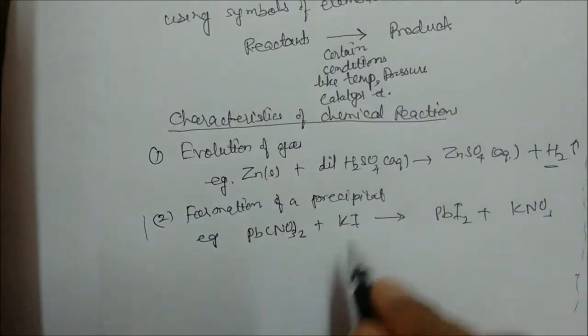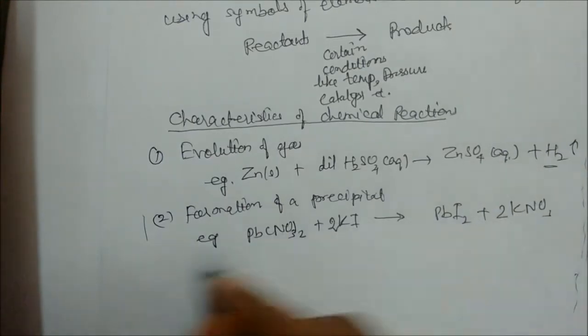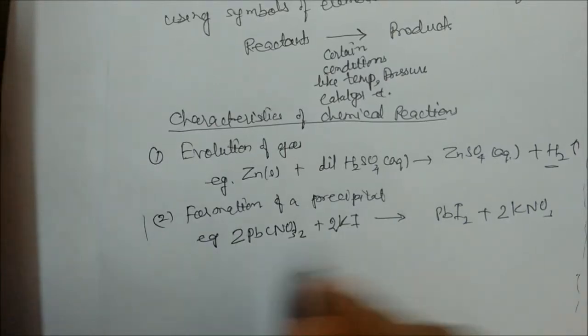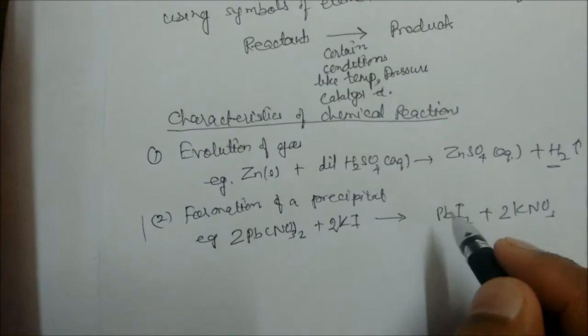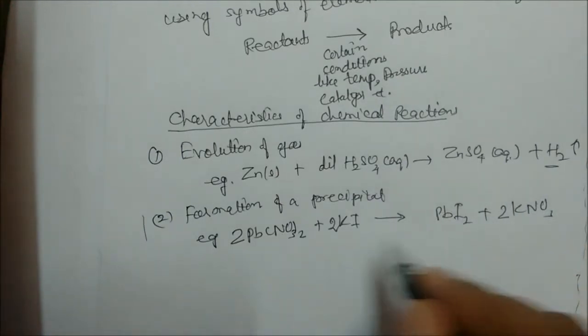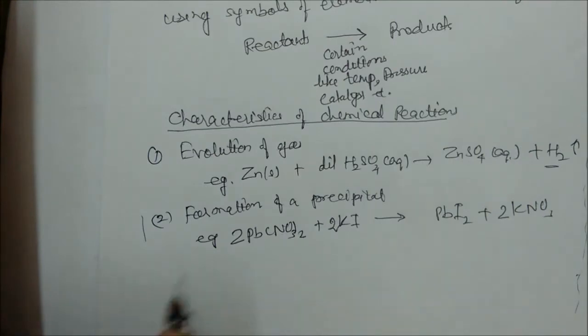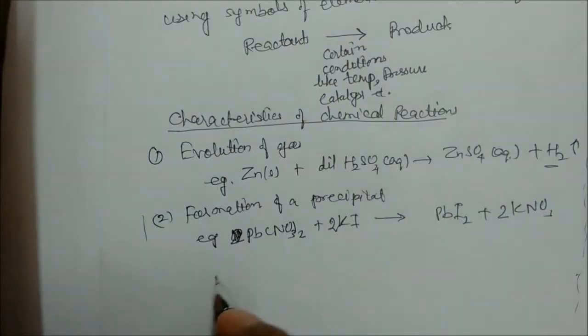So first balance it. Here you put 2, so here it will be 2. Then here lead is 1 but iodine is 2, so put 2 here. So again it will be all balanced. It will be 2 KI, and 2 KNO3. Now it is balanced.